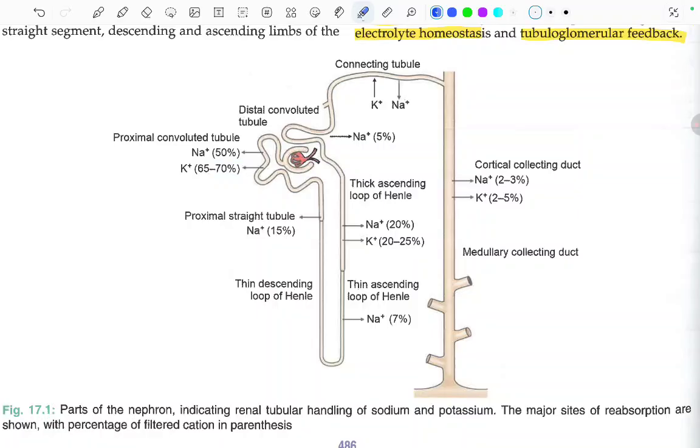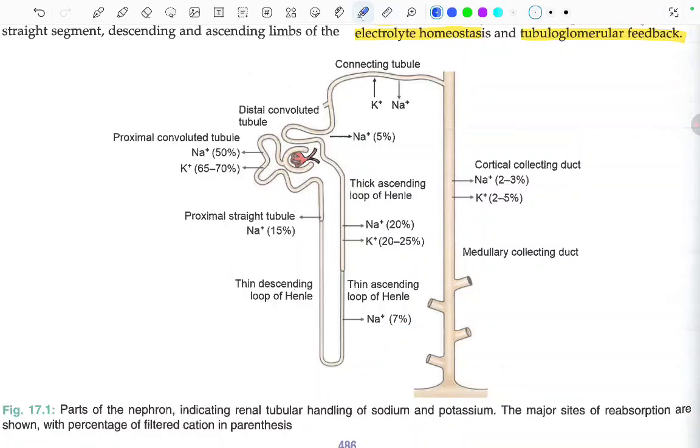Now this is the proximal straight tubule in which 15% of the sodium is reabsorbed. This is the thin descending loop of Henle. This is the thin ascending loop of Henle. Now this is the thick ascending loop of Henle. The thin descending and thin ascending limbs are permeable to water, so they only reabsorb 7% of the sodium.